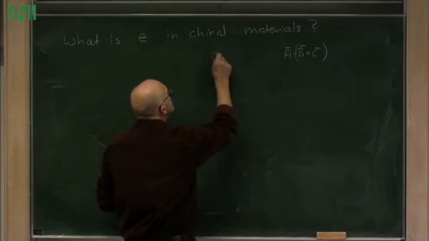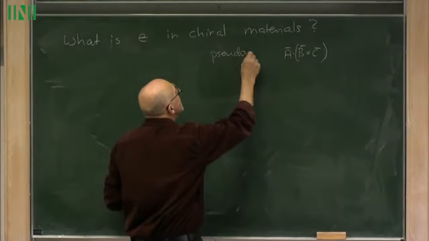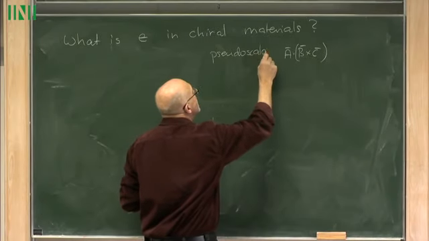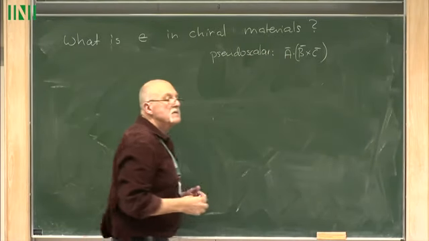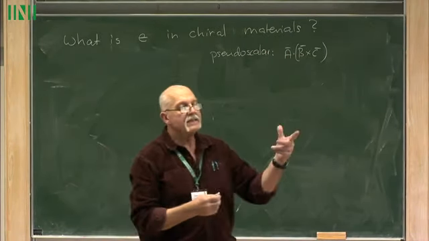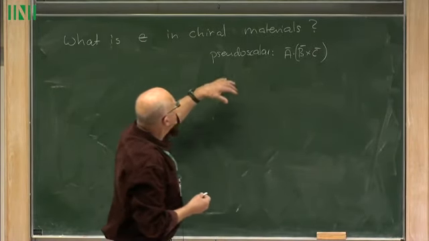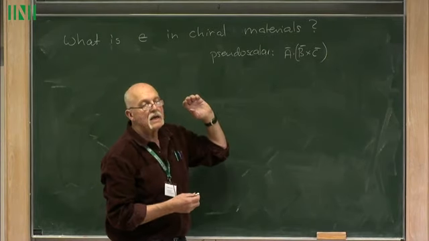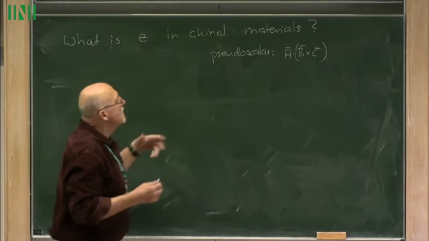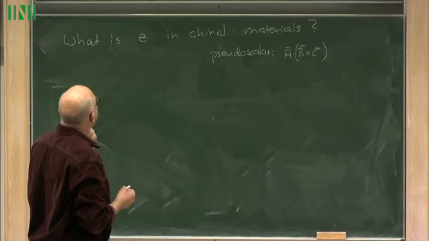So this is a pseudo-scalar. And so handed objects then typically have a structure that allows the existence of pseudo-scalars. So that's the kind of thing that we expect to see.